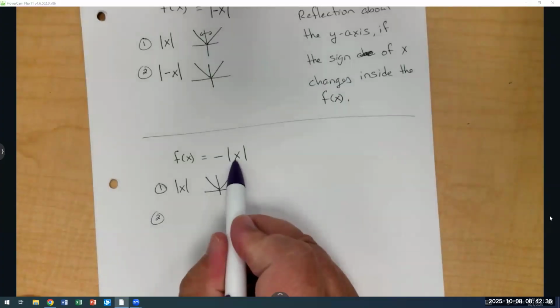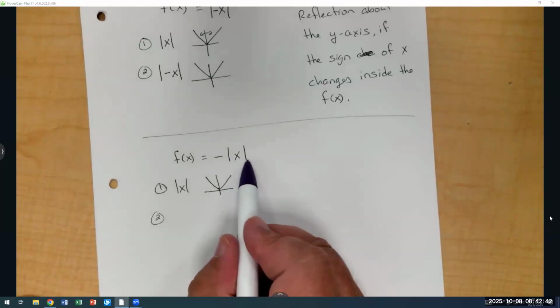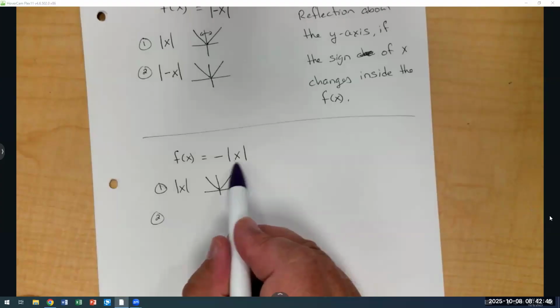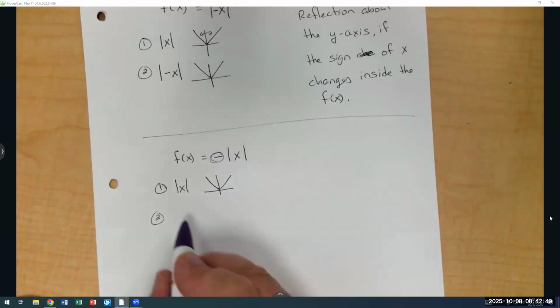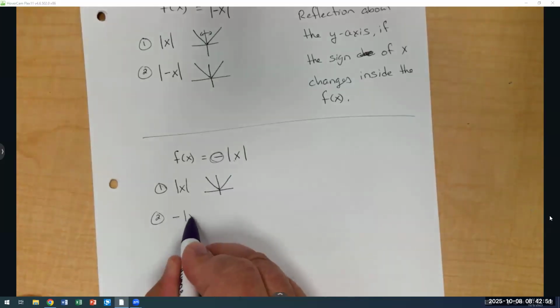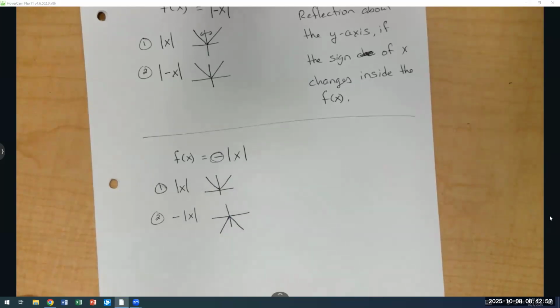Is there anything happening inside there? Are there any changes inside the function? No. Only change happens outside the function. What that tells us is now all of my y values now become negative.